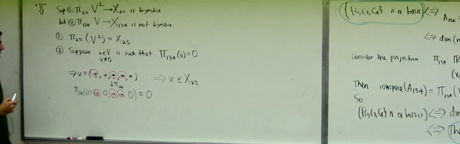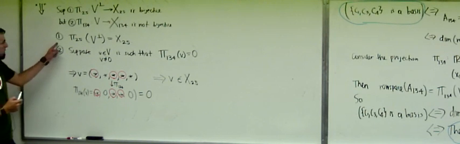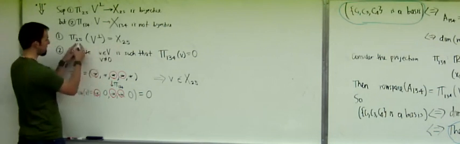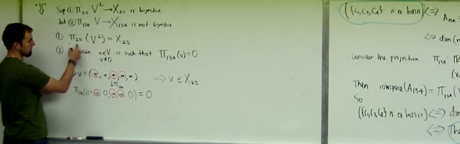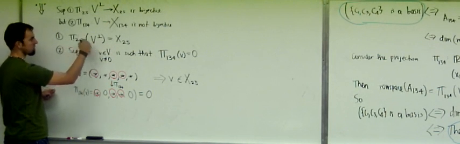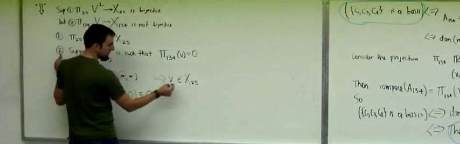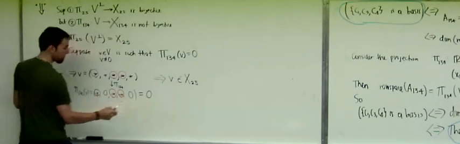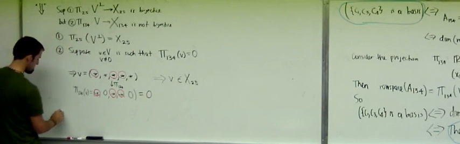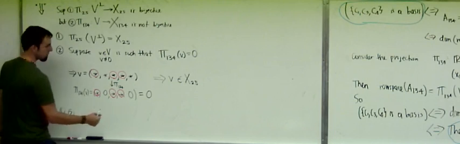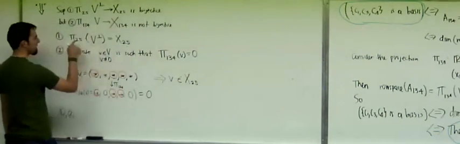Okay. So my first thing says X_2,5 can be written as the projection of all of this space. The second part says my vector V that I'm considering is in X_2,5. So by combining these two, I can say, well, if V is in X_2,5, that means that it's a projection of something here.